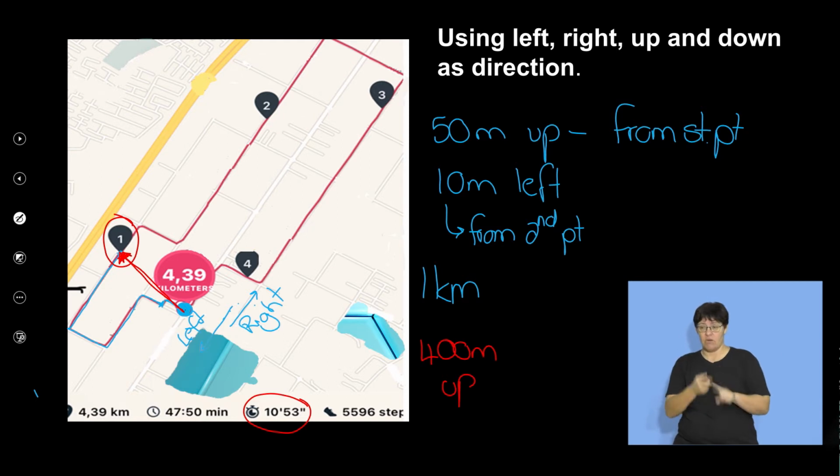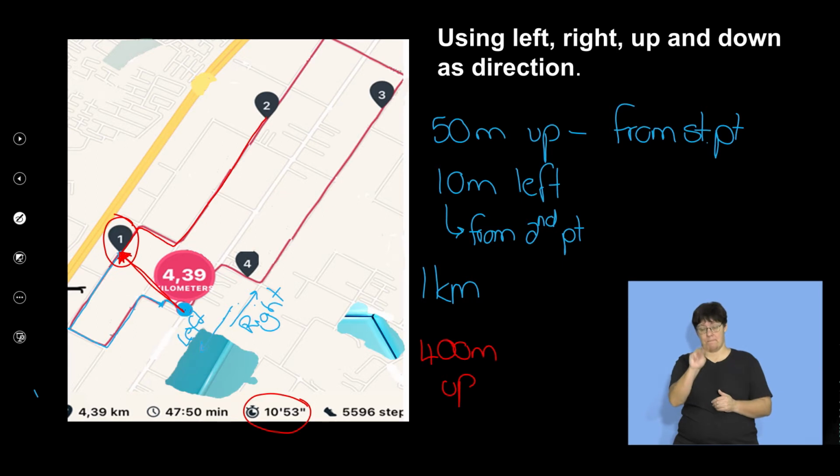So from that 1 kilometer point, she went to the right, okay, for how many meters that was. Then she went down, okay, and then she went to the right again, okay. Now she's got another kilometer.